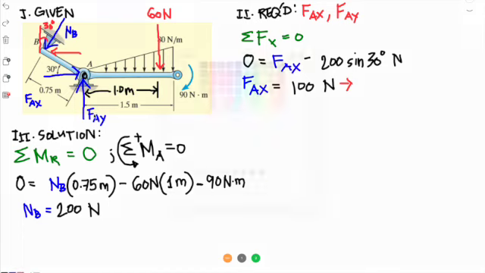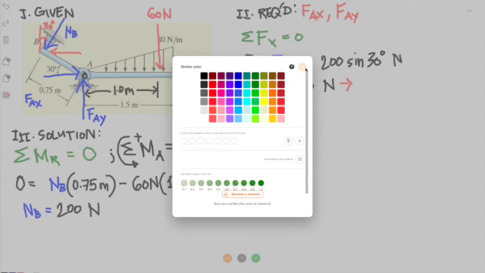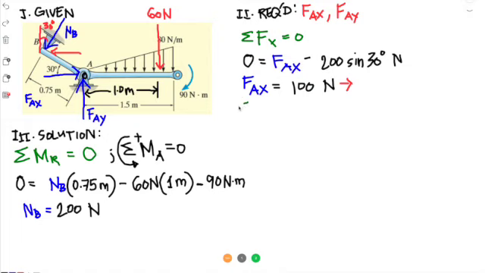So what remains is FAY, and we just need to do a summation of forces in the y direction, also equal to 0. All forces going up are positive, all forces going down are negative. We have one force going up, which is FAY.